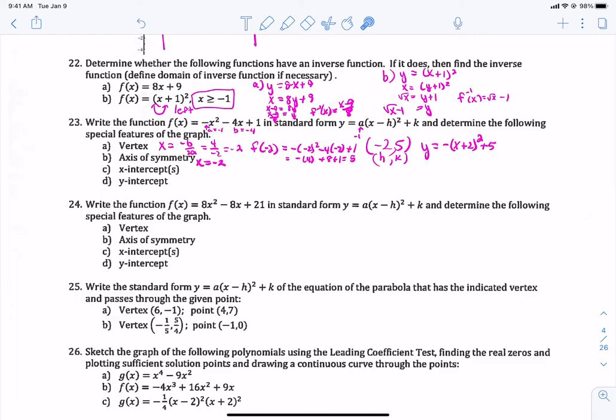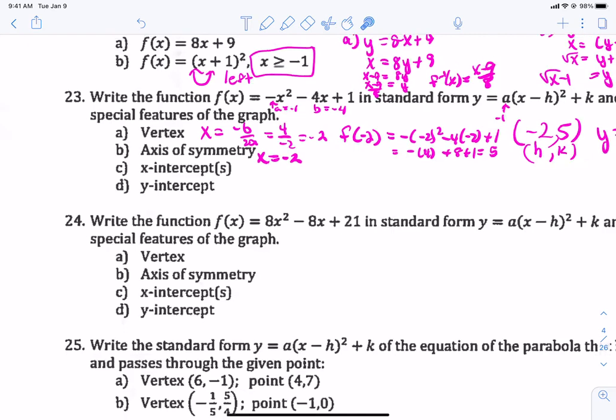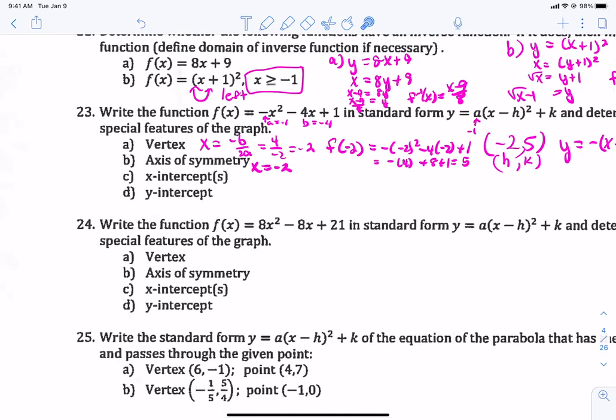Okay, now let's talk about x-intercepts. X-intercepts are where the function equals 0. Use your standard form. It's where the y equals 0. Let's switch colors so you can see that. It's where the function equals 0. Now you can do either where 0 equals negative x squared minus 4x plus 1, but then you're going to have to factor it.